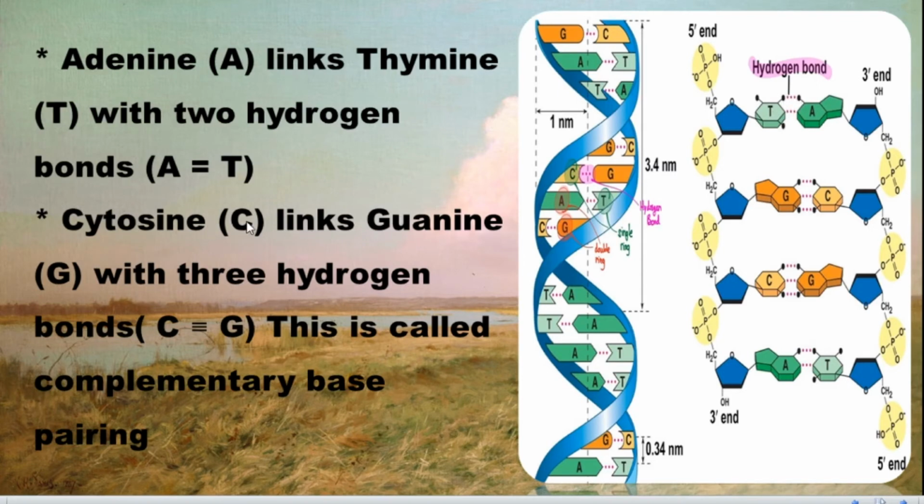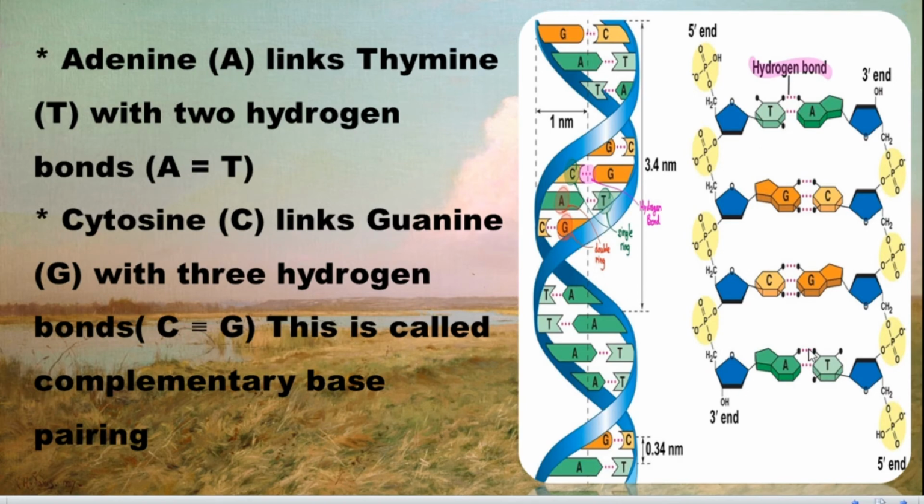Cytosine, which we call C, links with guanine, which we call G, with three hydrogen bonds. So three hydrogen bonds, look at here, cytosine, guanine, 1, 2, 3. Here adenine, thymine, 1, 2. Here cytosine, guanine, 1, 2, 3 hydrogen bonds. So look at here, adenine, thymine, 1, 2.